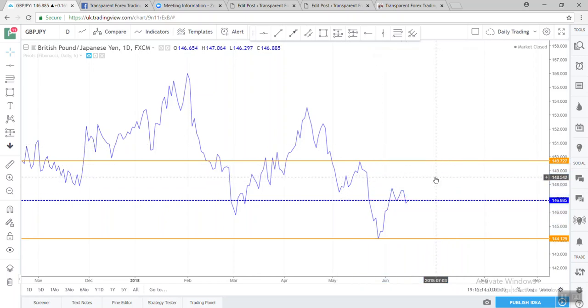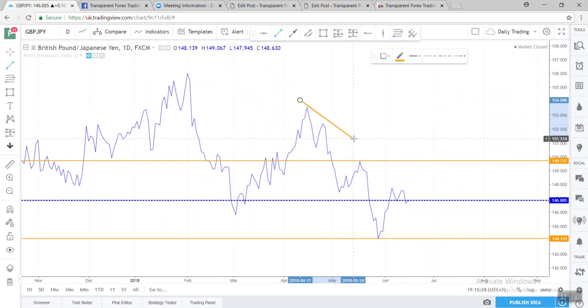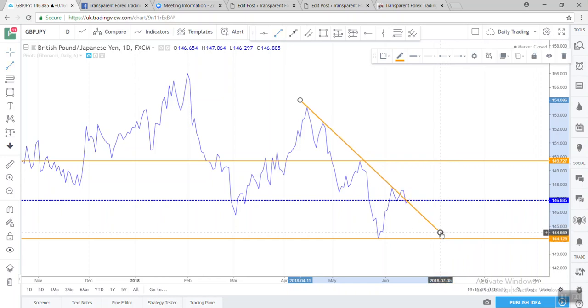We'll remove that for now because I know what that's going to do. But also, if we look, we've got a trend line there. If we've got one there, then obviously it's broken out, which is fine. Or it could be there.